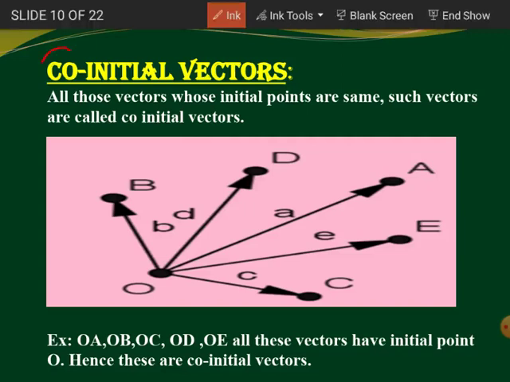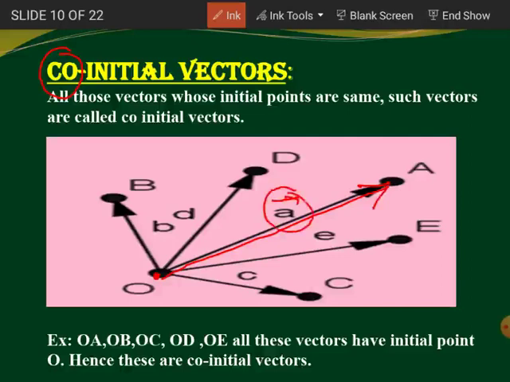Co means similar, or equal, or same. So co-initial vectors means two or more vectors sharing a common initial point. Now here, vector OA, this first vector, is represented by a small letter a.